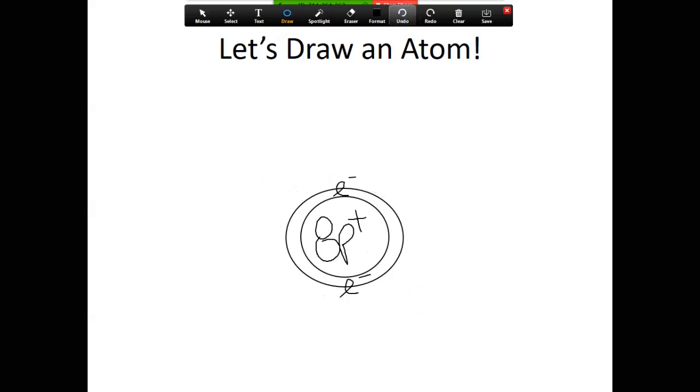Let's see if I can make that a little bit better here. That'll work. So I'm putting my second orbital, and so I have 8 minus 2. I have 6 electrons left to go.